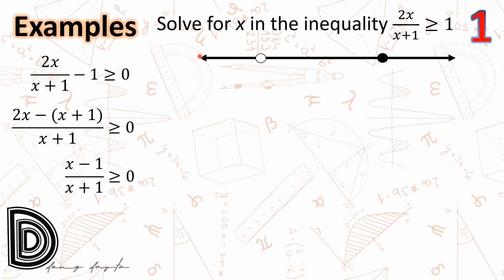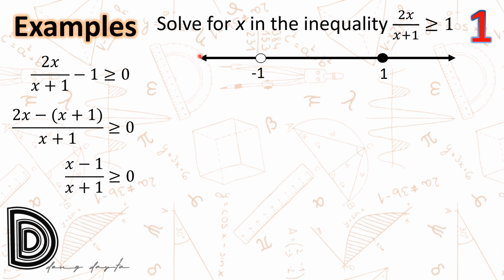For negative 1, we use a hollow circle because negative 1 will make the rational expression undefined, and a shaded circle for positive 1 because it will make the rational expression 0, which is valid, and that includes 1 in the solution set.